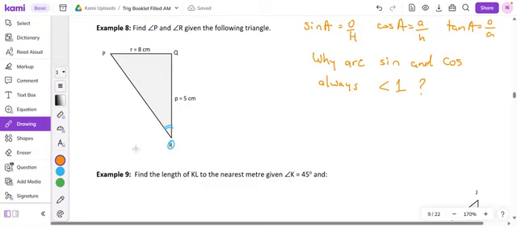Which one is opposite, adjacent, hypotenuse? You can even just use OAH. Okay, this is opposite. This is hypotenuse. And the last one is adjacent.